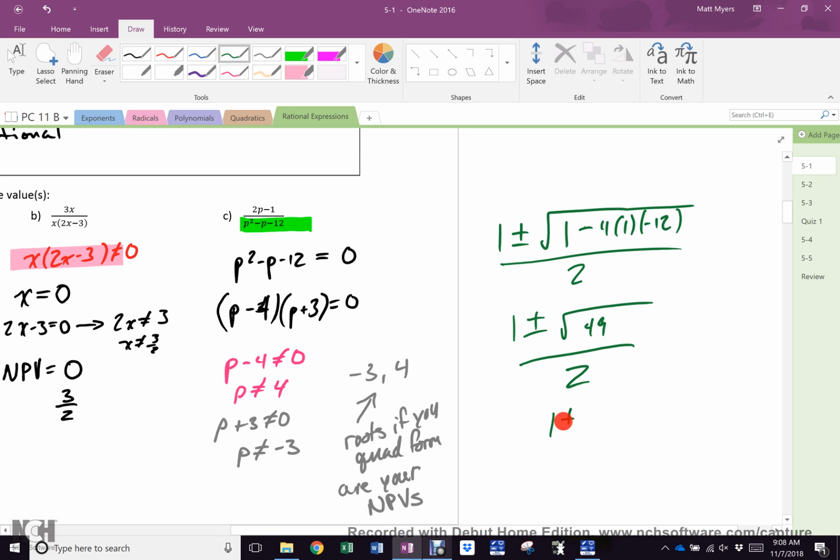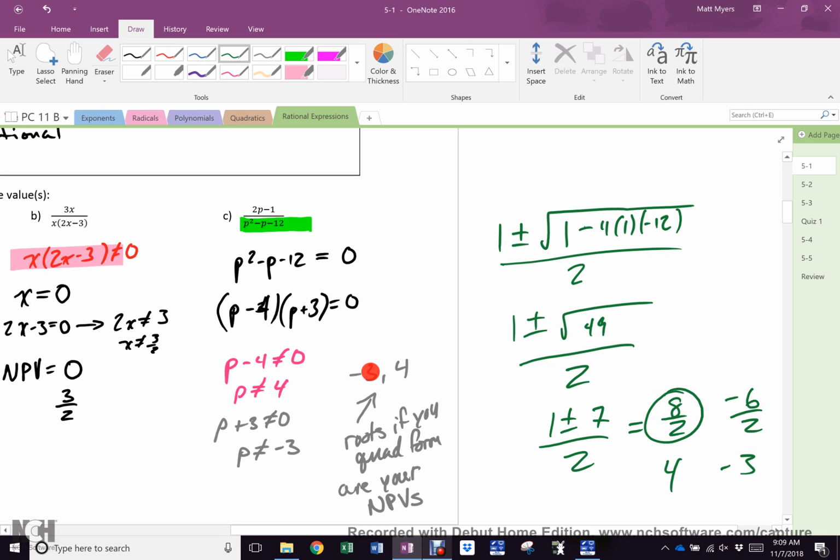What's the root of 49? 7 over 2. What's 1 plus 7? 8 over 2, which is 4. No 4 allowed. What's 1 minus 7? Negative 6 over 2, which is negative 3, not allowed.